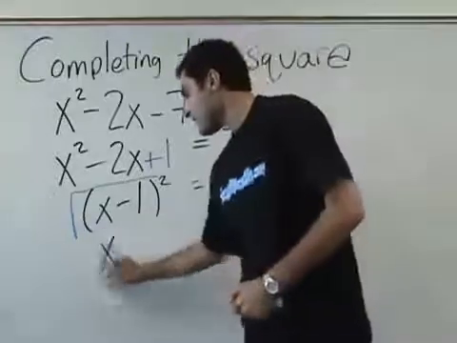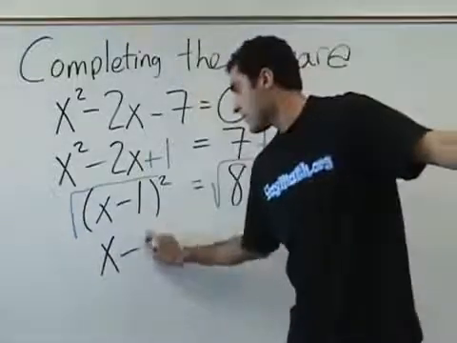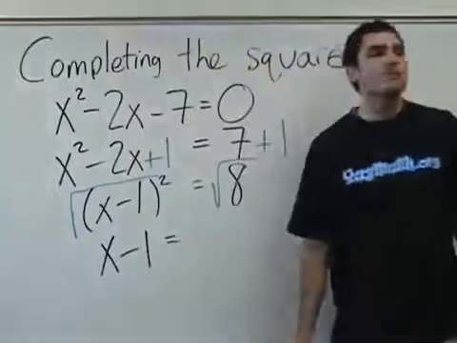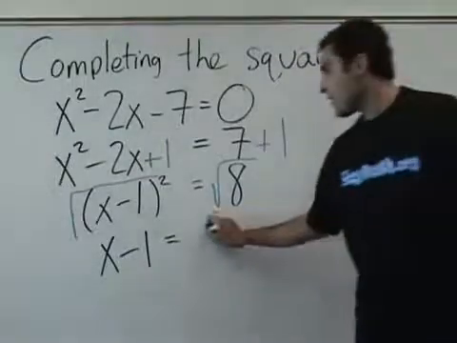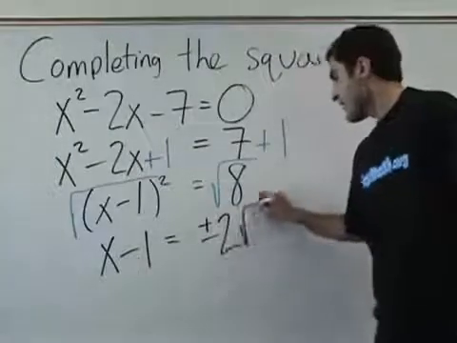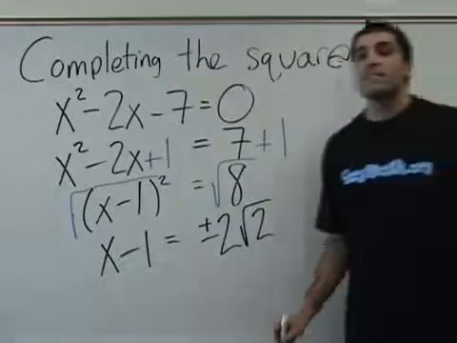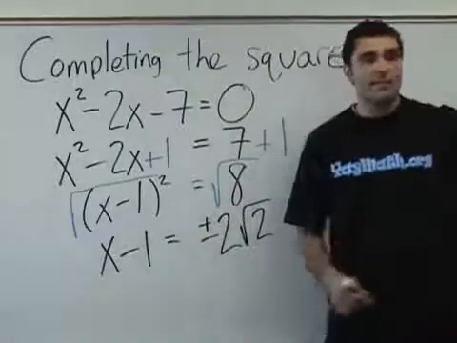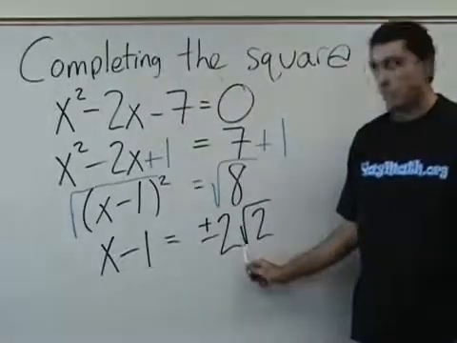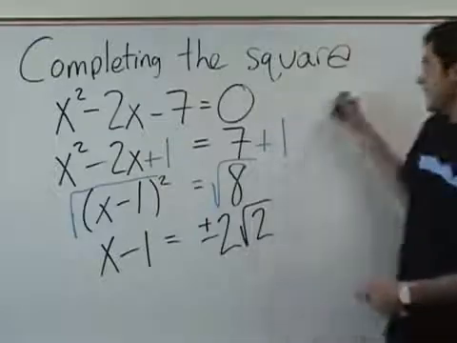x minus 1 equals plus or minus the square root of 8. Do you always have to do the plus or minus? Yes, you do. Square root of 8 reduces to 2 root 2. Square root of 8 is the square root of 4 times root 2.